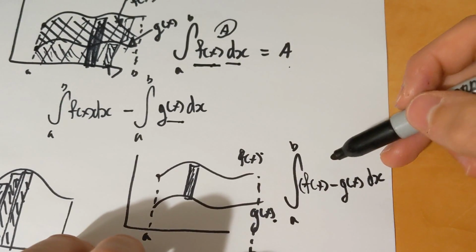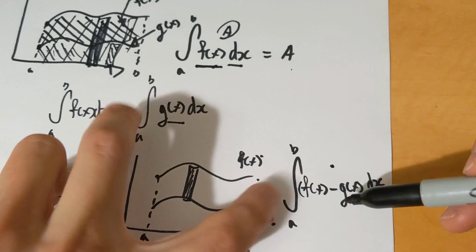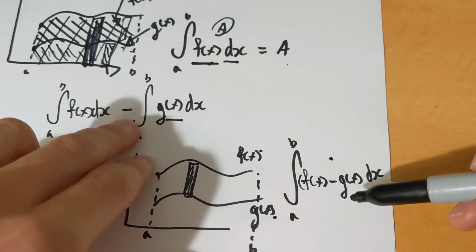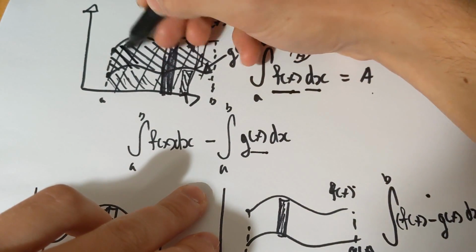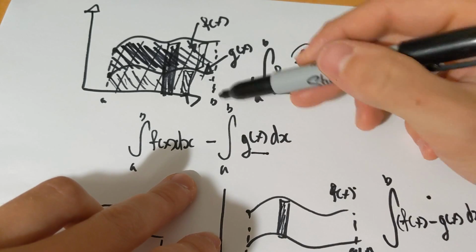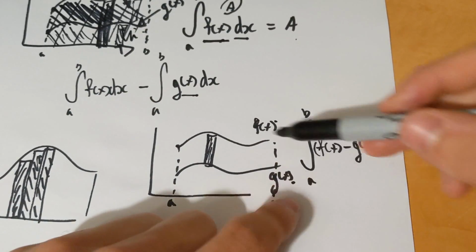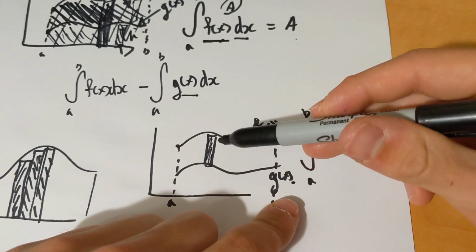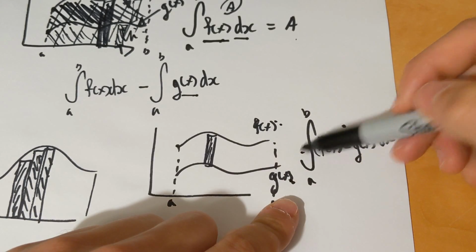And if you notice, these two do the exact same thing. So in this case, we found the area between the two functions by finding the overall area of f of x, the bigger area, subtracting the smaller area. But in this one, we just found the different height, or the height of the rectangle, which is f of x minus g of x, and then we added it up.